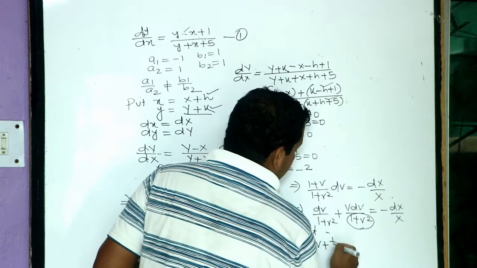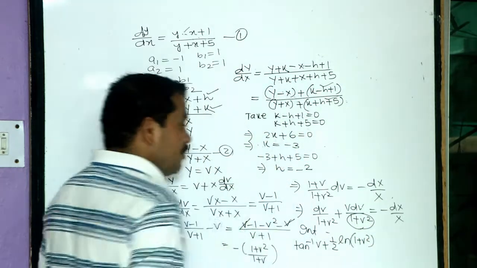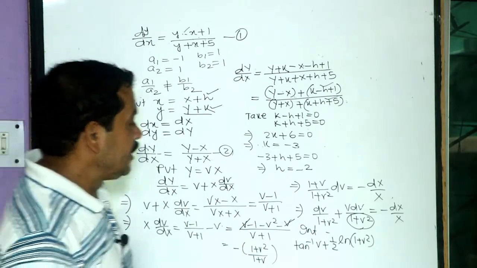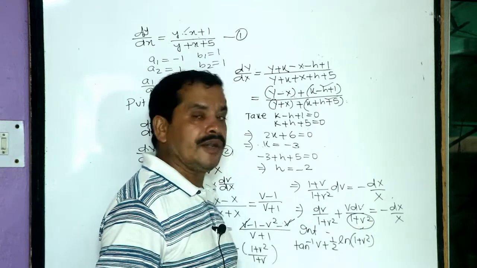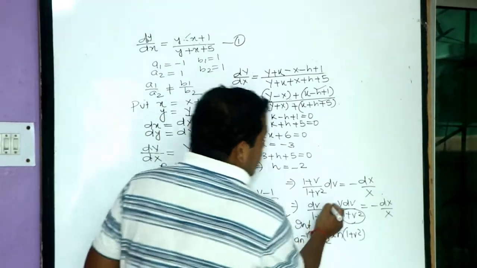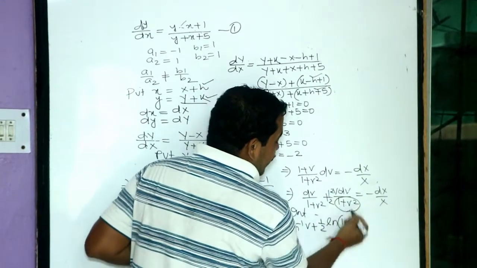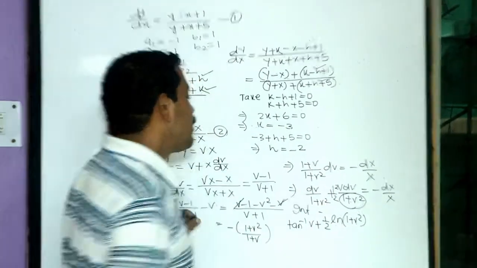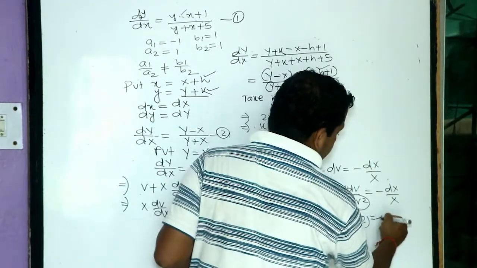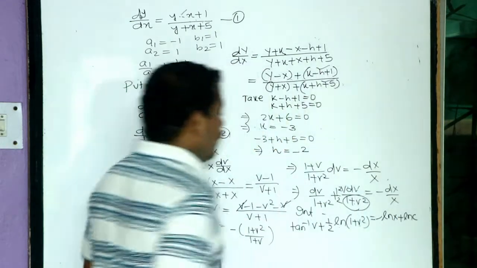Here it will be half log of 1 plus v square, because we multiply by 2 in the numerator and also divide by 2. If we take the denominator as t, its derivative is 2v, so dt by t has integration log t, that is log of 1 plus v square. And the right hand side becomes minus log X plus log c.